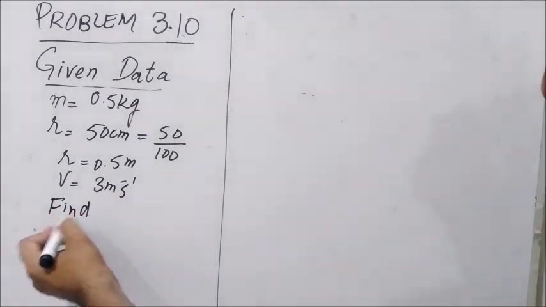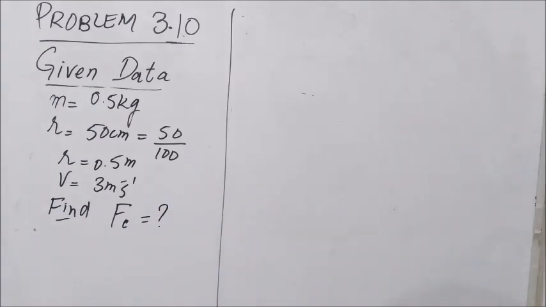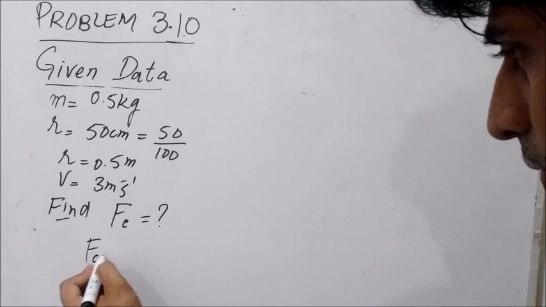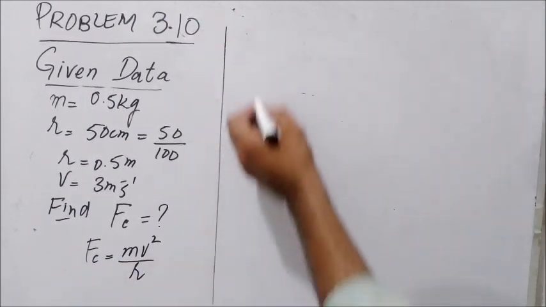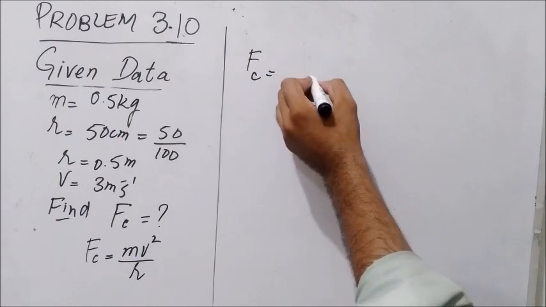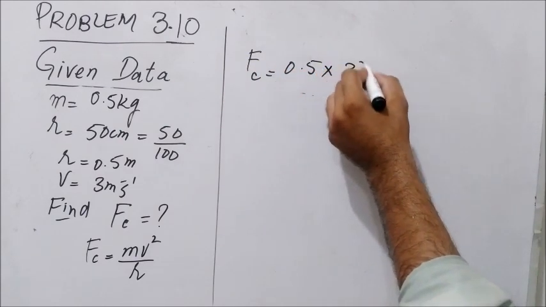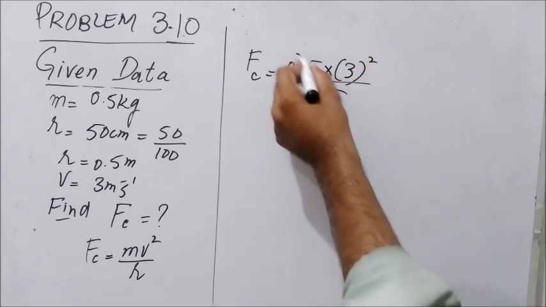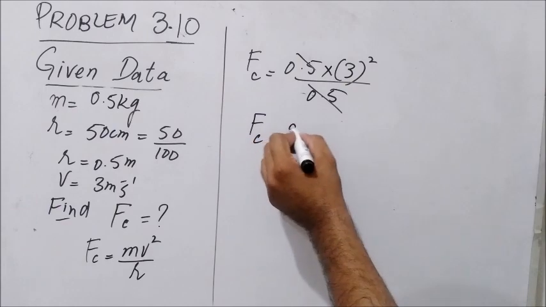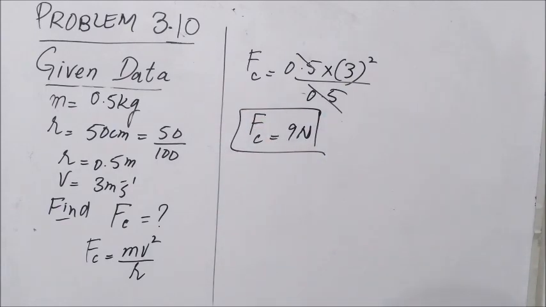We are going to find the centripetal force. The formula for the centripetal force is m v square divided by r. Mass is 0.5, v is 3 square, and r is 0.5. So the centripetal force will become 9 Newton. This is the required answer.